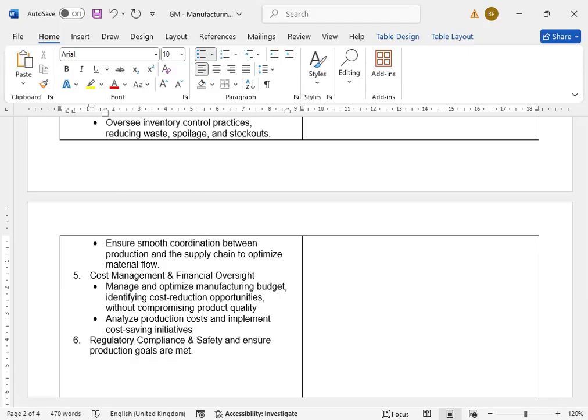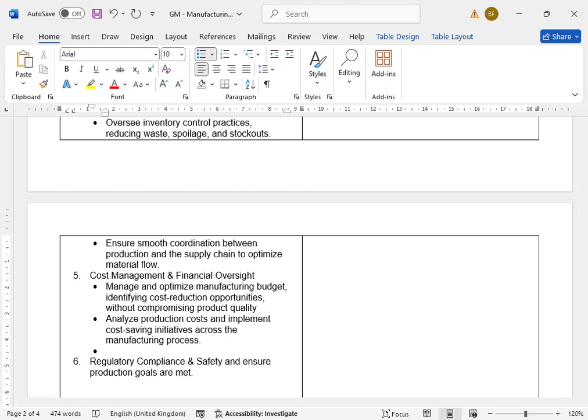Okay. Cost saving initiatives across the manufacturing process.